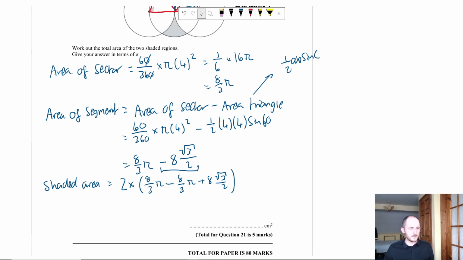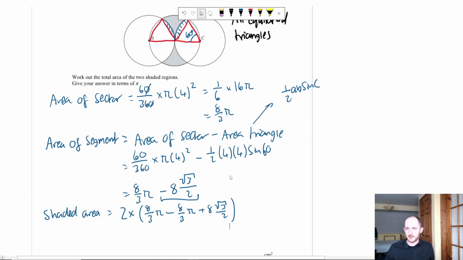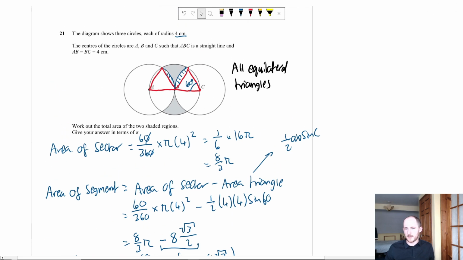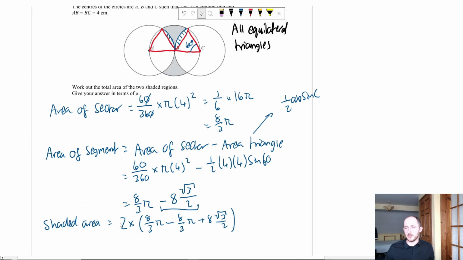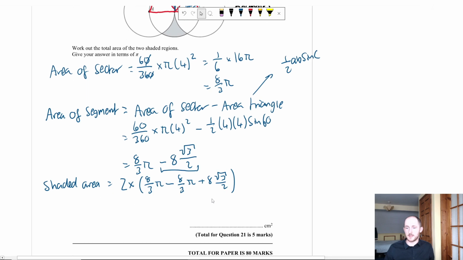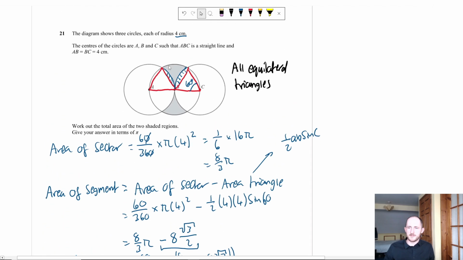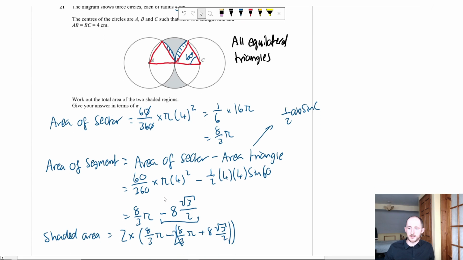Okay? Hopefully that makes some amount of sense. So, worked out the top part, hang on, sorry. We need to multiply this by 2, don't forget. So that might be confusing now. Because remember, the top half is the area of the sector minus 2 lots of the segment. Okay?